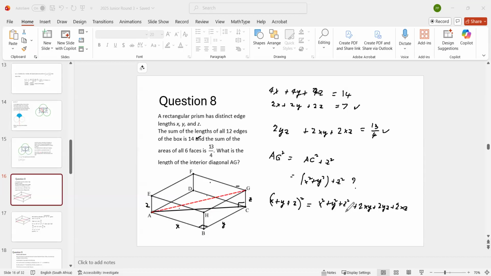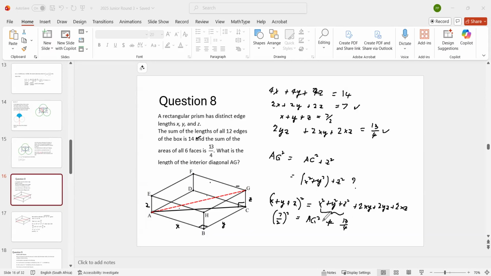Okay, so that's quite useful because this is your unknown. And x plus y plus z, I said I'm not going to work out x plus y plus z, but I have to do it now because 2x plus 2y plus 2z is 7. So x plus y plus z is 7/2. So this here is 7/2 all squared equals this unknown, which is AG squared, plus 2xy plus 2yz plus 2xz, which we already worked out is 13 over 4.